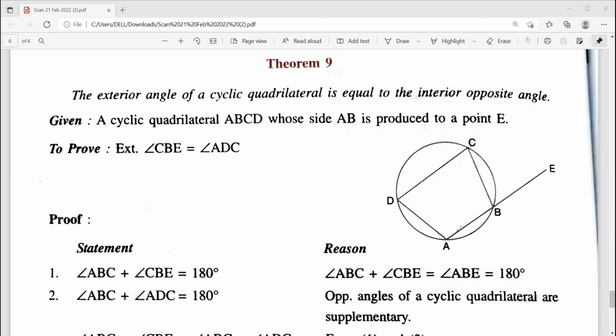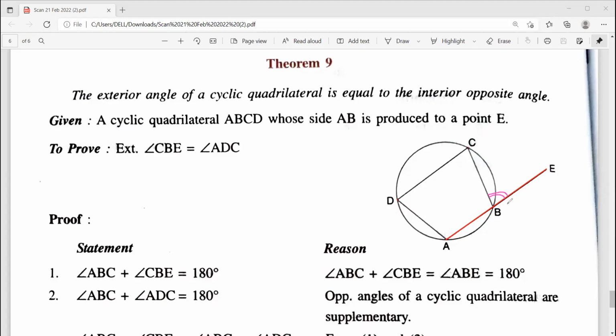Now here, what I did was, I extended this AB. This is one side AB of the cyclic quadrilateral. When I extend it, I get an exterior angle of the cyclic quadrilateral. See this angle, which is CBE.